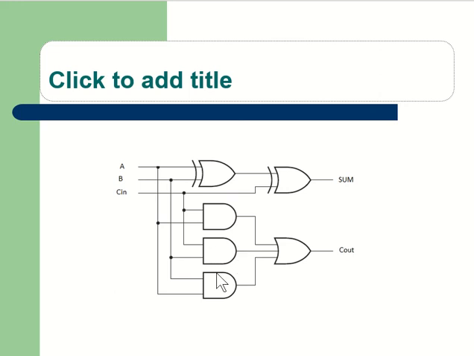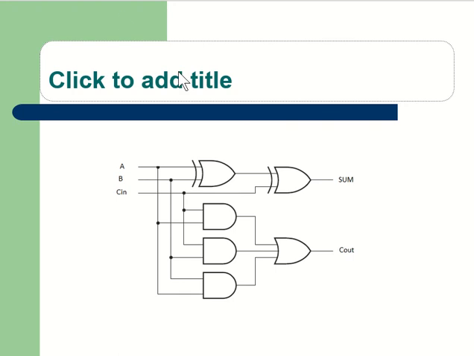For the second AND gate, it is B as well as C in, and for the third AND gate, the inputs are A and B. So it is AB, BC and CA. All the three AND gates have to be given to an OR gate. So it is AB plus BC in plus AC in, which we are giving to an OR gate, which is going to generate this C out expression.